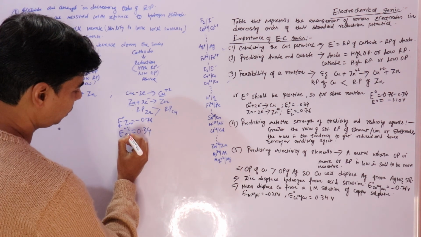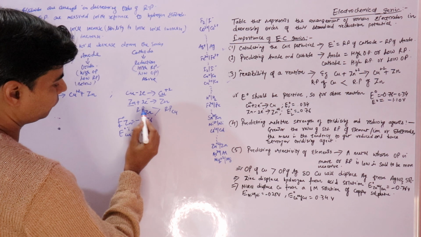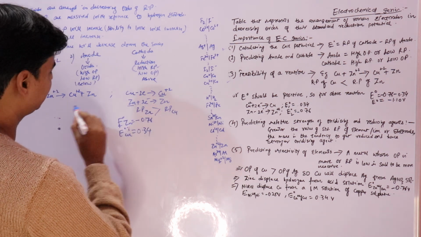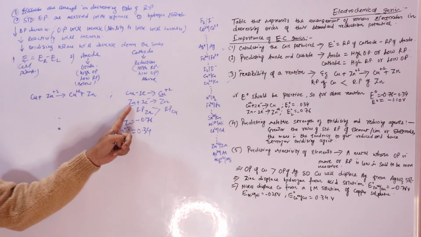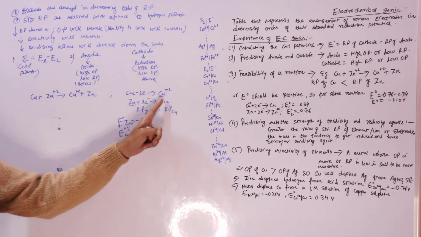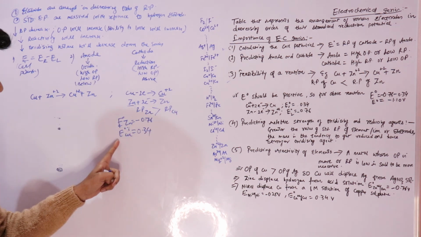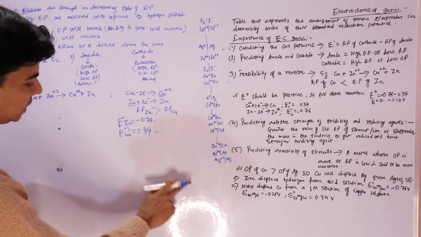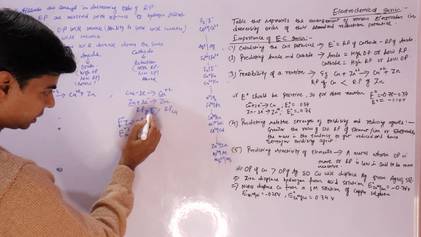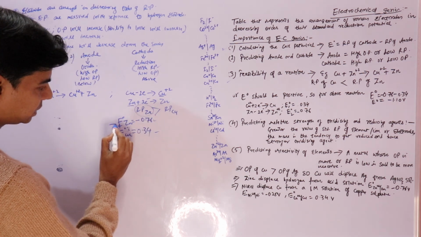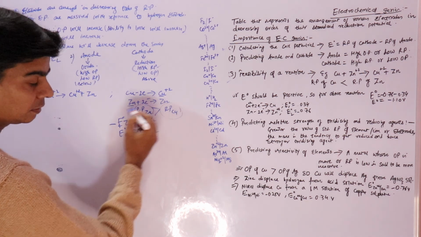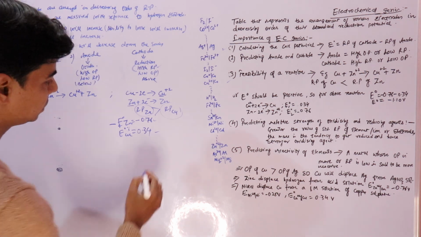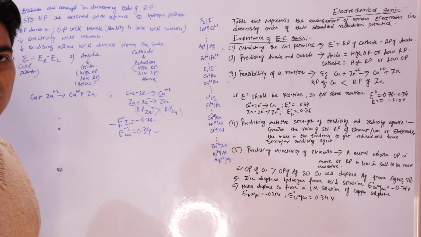So the condition required for this reaction to be spontaneous is that the reduction potential of zinc should be higher than that of copper. But from the values in the electrochemical series, the reduction potential of zinc is lower than copper. So this reaction will not occur spontaneously.